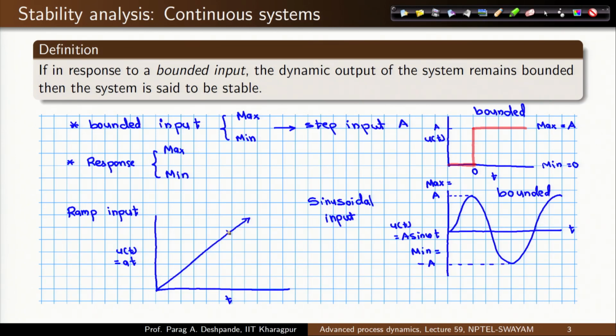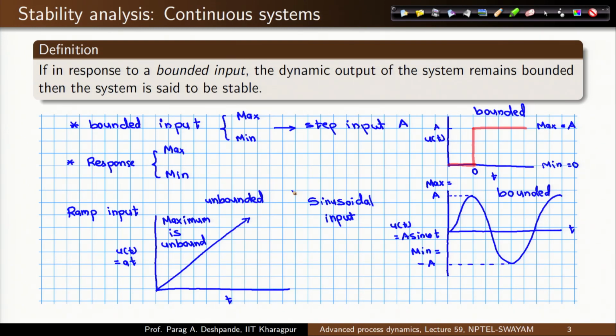You see here, the input goes to infinity as t tends to infinity. So, therefore, the maximum is unbound. There is no upper cap on the maximum, and therefore, you have an unbounded input.